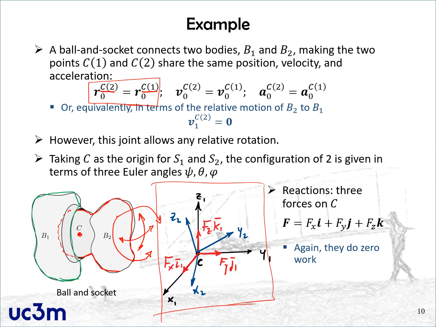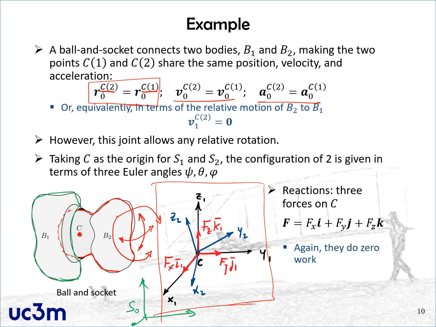For example, if you have another reference frame here, which is your reference frame S0. So basically the point associated to each body that is at position C has to be the same for the 2 rigid bodies. Of course, you can take derivatives of this equation and you will find these alternative equations.